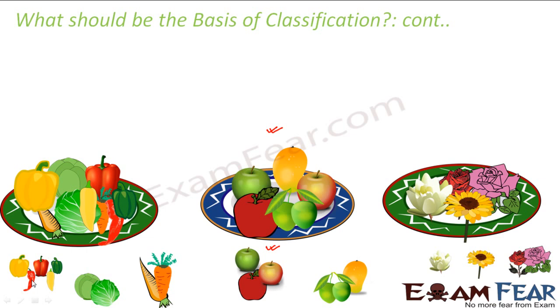So all vegetables in one plate. Everything which shared a common characteristic, that was the vegetable, they were in one plate. Everything that was fruit was on another plate. Right? Now the next step was based on what vegetable it is. So everything which is pepper is in one plate. Right? So that means the basic characteristic is the one which forms the basis of classification.